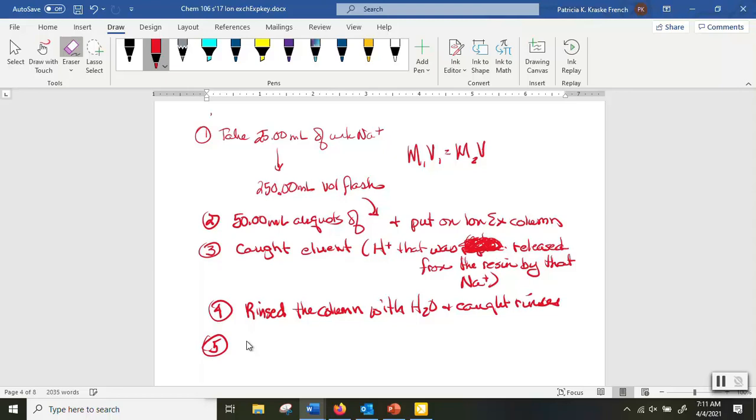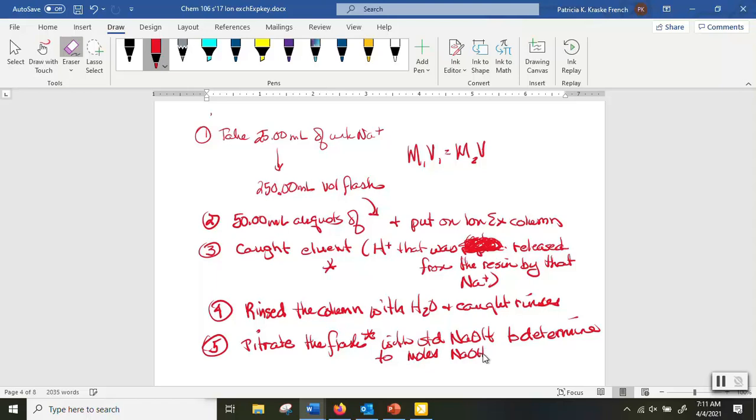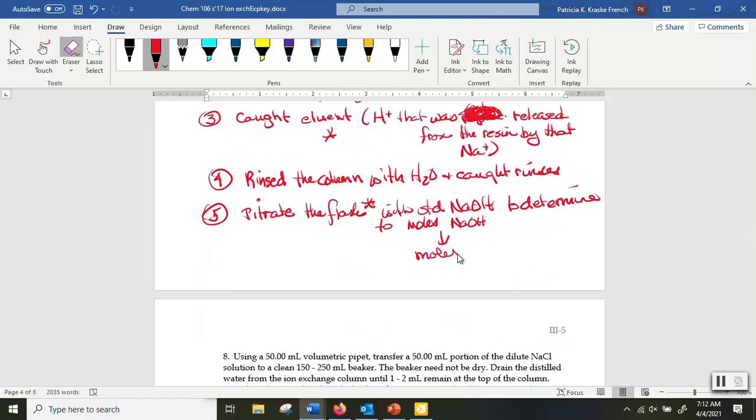Finally, we titrated this flask with standard NaOH to determine the moles of NaOH, which is the same as the moles of hydrogen ion that were pushed off the column, which is the same as the moles of Na+.